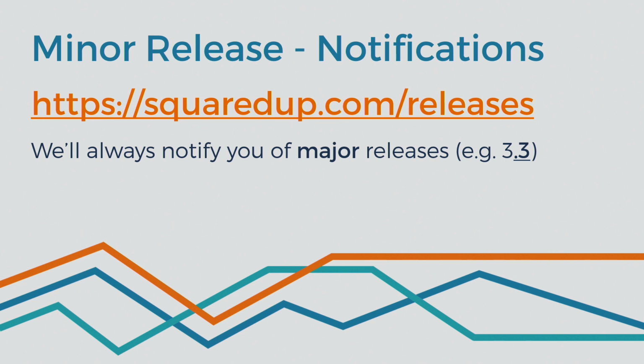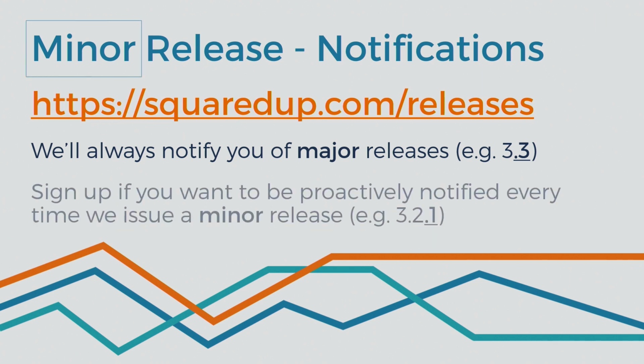So 3.2 is a major release, 3.3 will be a major release. You'll hear about that from both a marketing perspective and from a release perspective. But we won't tell you by default when there's a 3.2.1, 3.2.2, because typically there's a lot of them, and we don't want to be bombarding you every time we release something to fix a minor bug here and there. But if you do want to know about that, sign up at squaredup.com/releases, and you'll get an email every time there's a minor release.